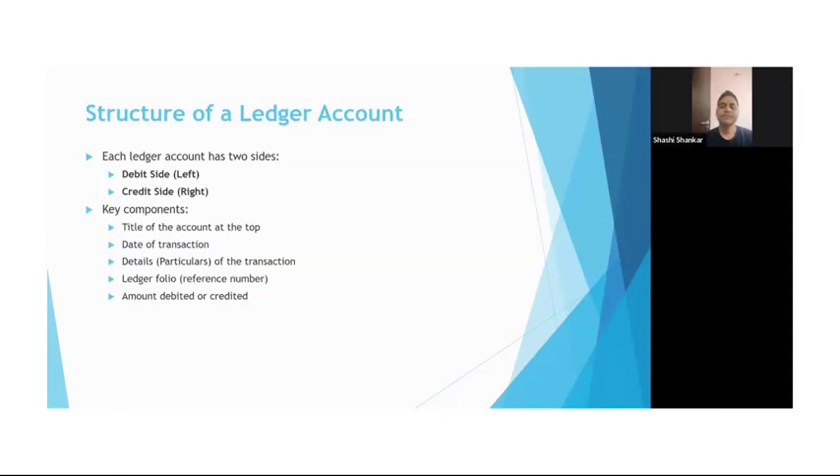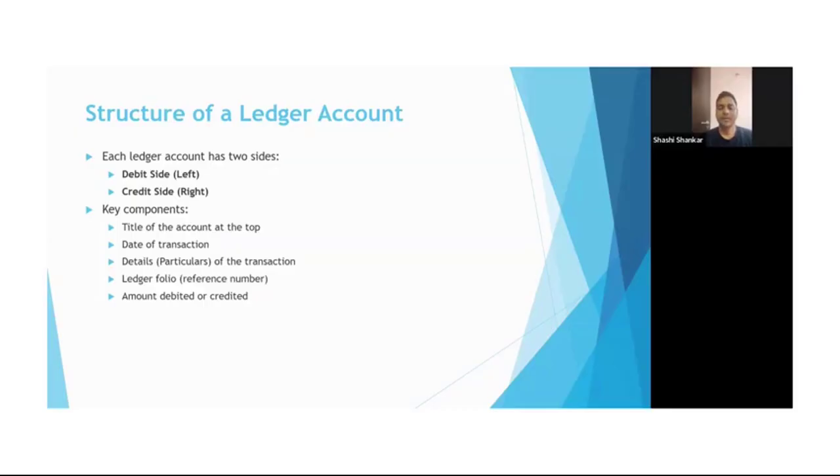All right. Next one is details. Details is nothing but the particulars of the transactions, as we have in the journal. Next is the ledger folio. The ledger folio is nothing but the reference number, which is carried from journal entries. Here there could also be a journal folio, similarly, to refer to the journal.